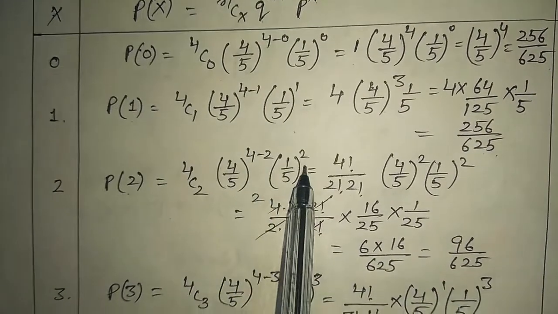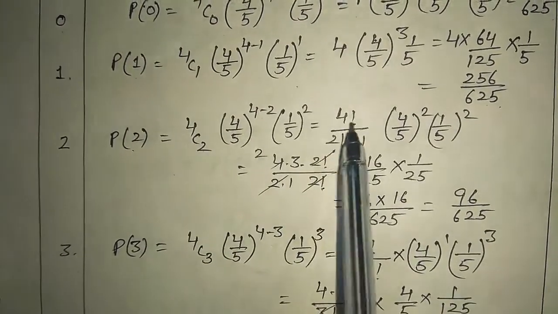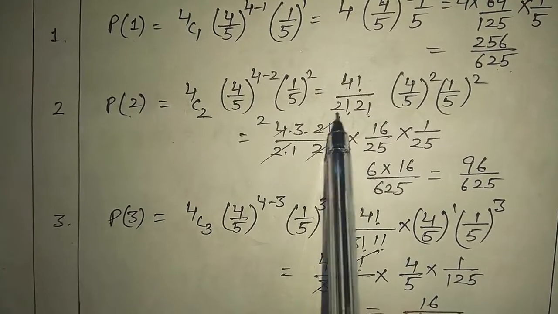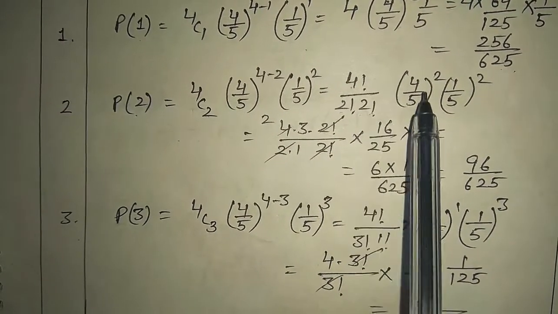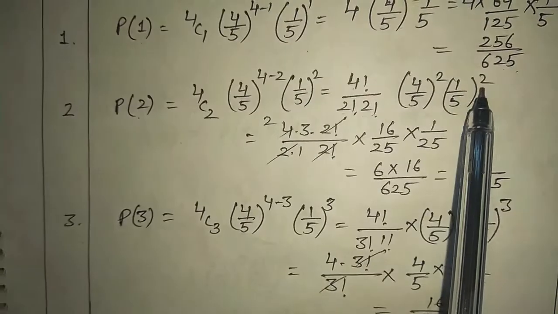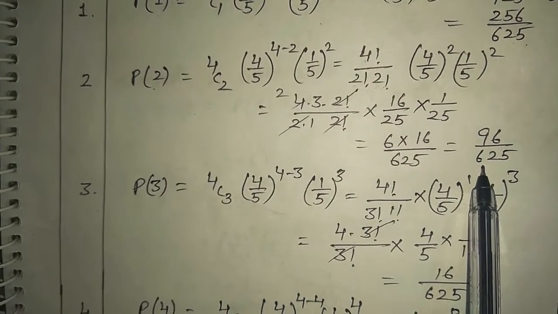We will find 4C2, which is 4 factorial upon 2 factorial into 4 minus 2, which is 2 factorial, times 4 by 5 raised to power 4 minus 2, that is 2, times 1 by 5 power 2. After solving, we will get 96 upon 625.